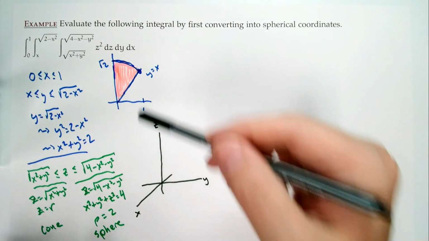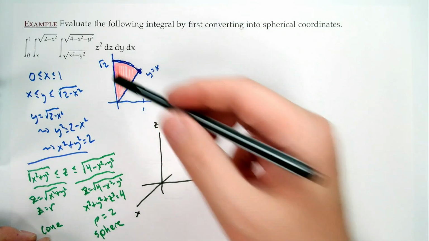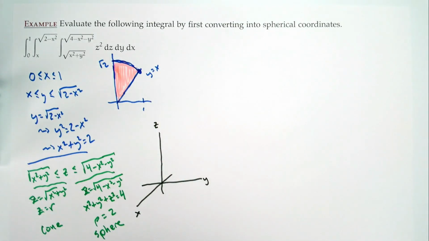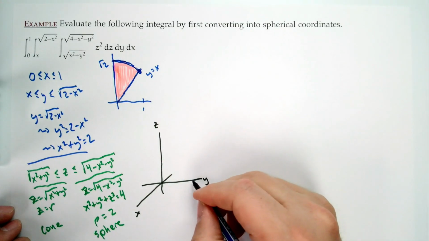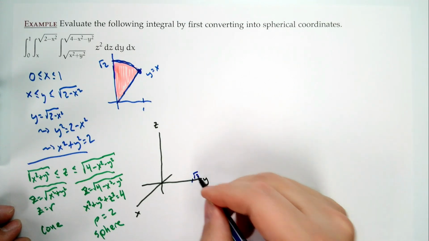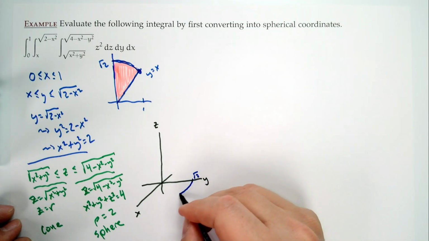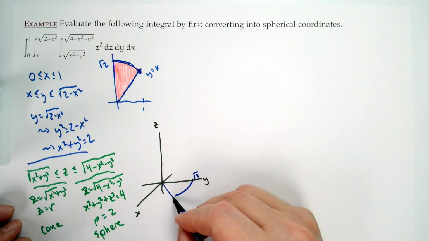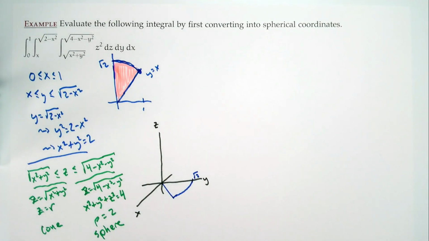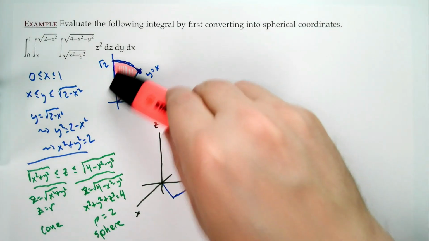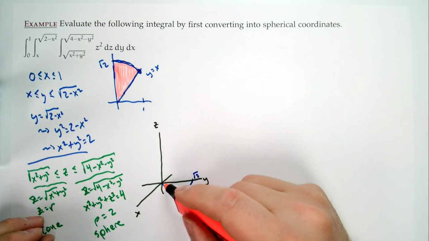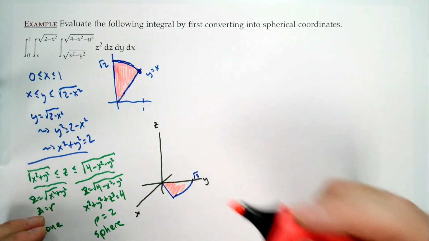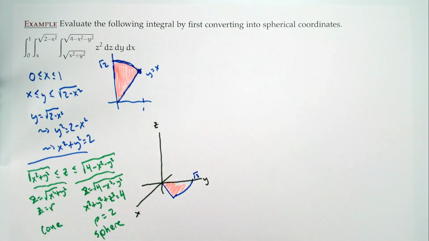If we take this picture right here, what it translates into is it's going to hit here at y equals root 2, and it's going to be a circle downstairs until we go to about 45 degrees, so that this wedge here translates into this part here. So that's just on the side, that's just, again, only in the xy plane. Now we have to draw the rest of it.